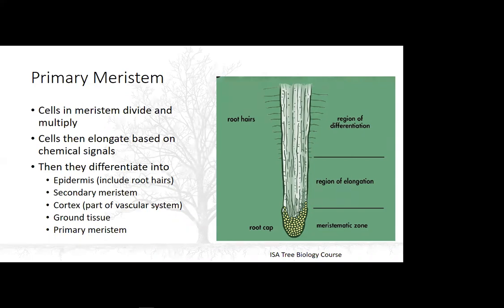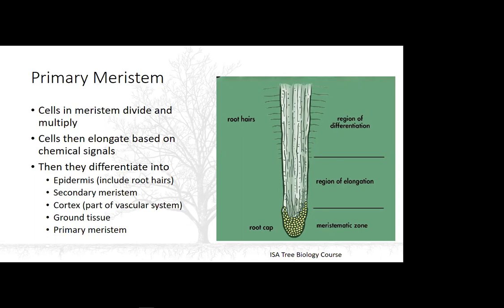as they differentiate, they're going to create root hairs. So this is an absorbing root. Not all roots still have root hairs. Keep in mind, a root hair is a modified epidermal cell. So this picture is greatly magnified. This is measured in microns.